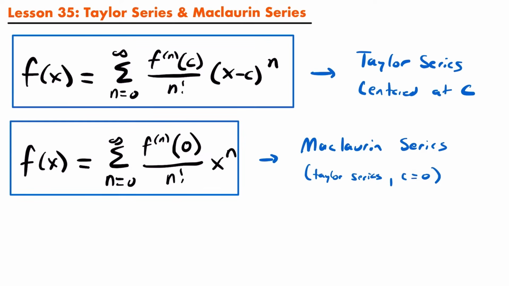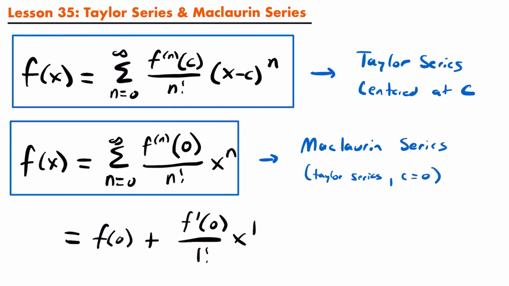All right, and so the first couple terms of a Maclaurin series would look like this. We would have our function evaluated at 0 divided by 0 factorial times x to the power of 0, but 0 factorial and x to the power of 0 are both 1, and so we'll just have f of 0. So f of 0 plus f prime of 0 divided by 1 factorial times x to the first power, but 1 factorial is just 1, and x to the power of 1 is just x.